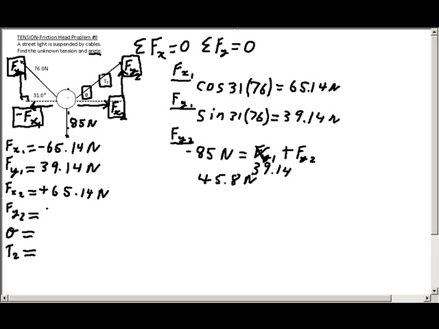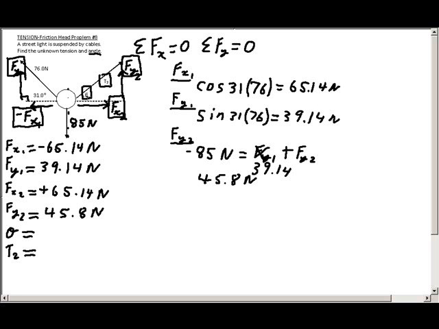And we do that algebraically here. So F of y2 is 45.8 newtons.